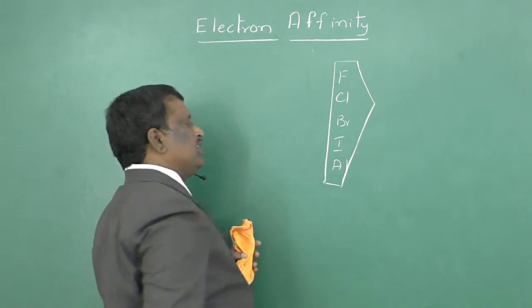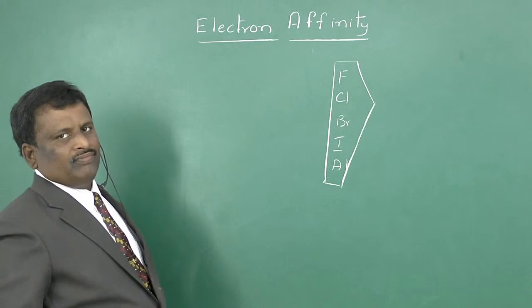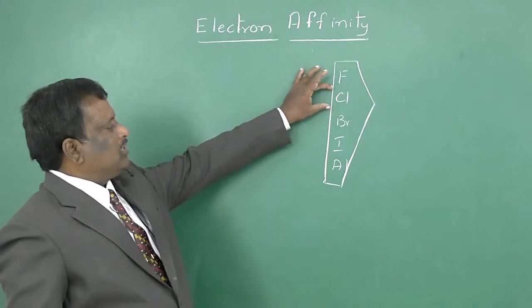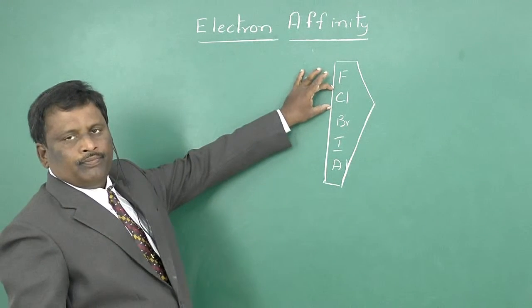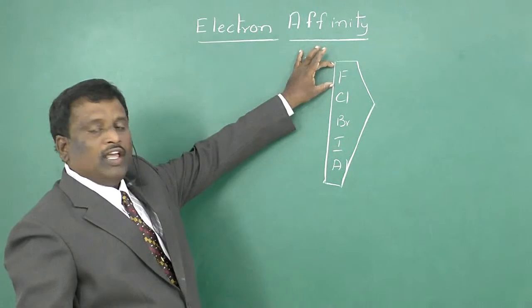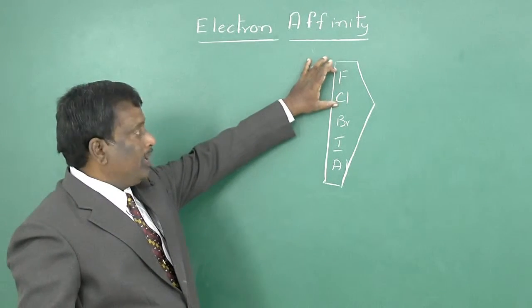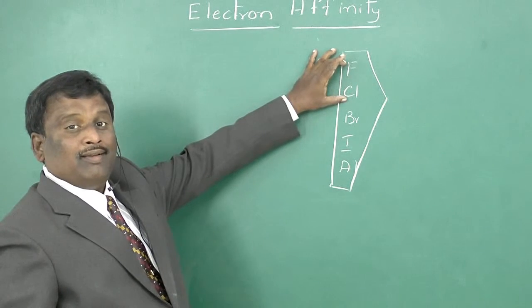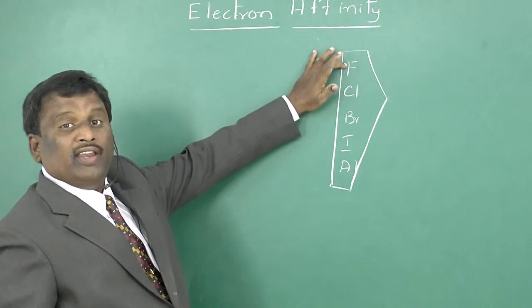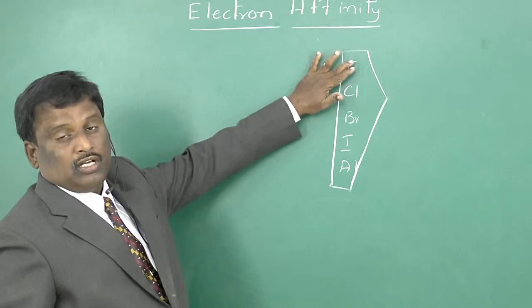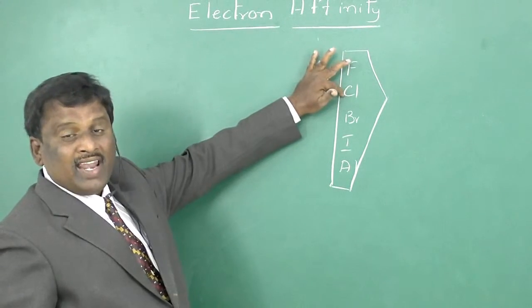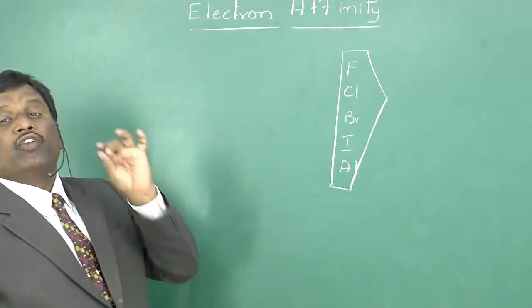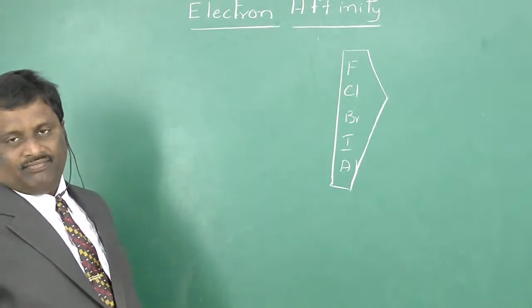So we can say the trend will be like this. Chlorine will have maximum electron affinity and fluorine will have lesser electron affinity than chlorine. Electronegativity value is more for fluorine, but the electron affinity of fluorine is less than chlorine because of its very small size.